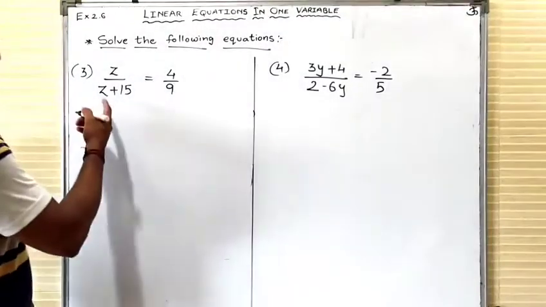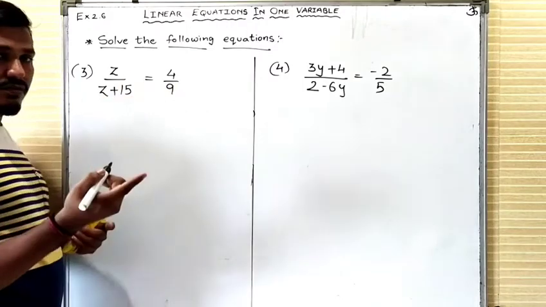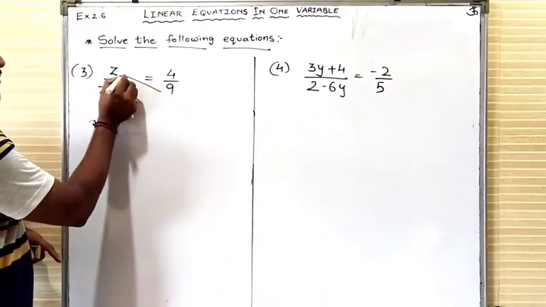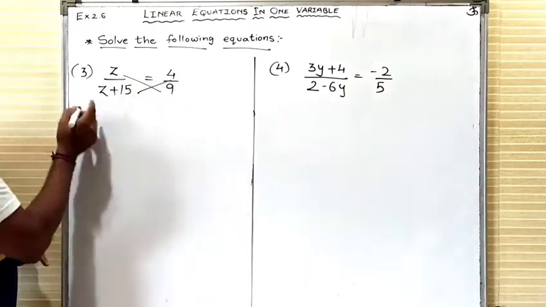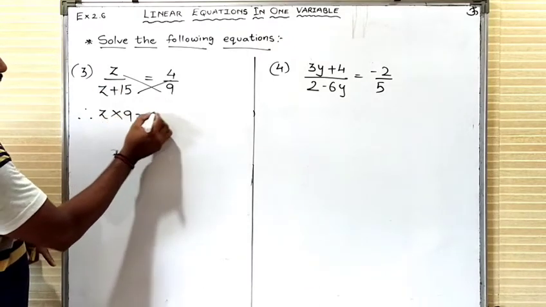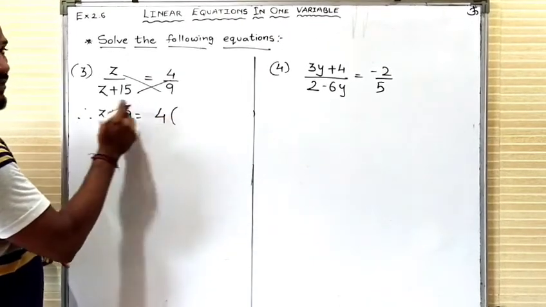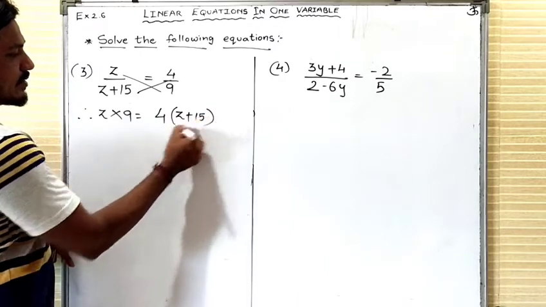So number 3, z divided by z plus 15 equals 4 by 9. Now same cross multiplication method we will apply. So 9 will come over here and z plus 15 will go over there. So therefore z multiplied by 9 and 4 multiplied by, I will put in bracket z plus 15 because two terms are there.